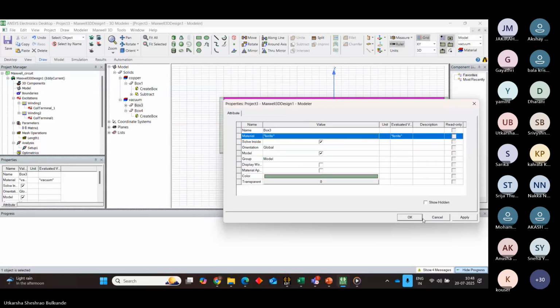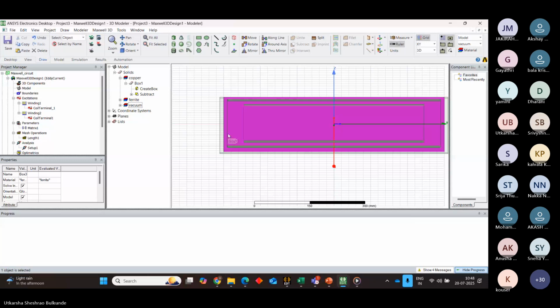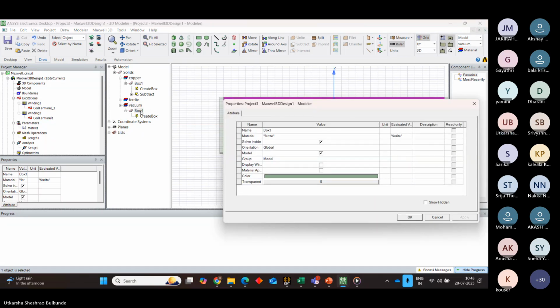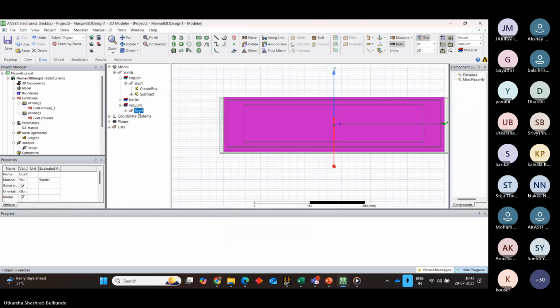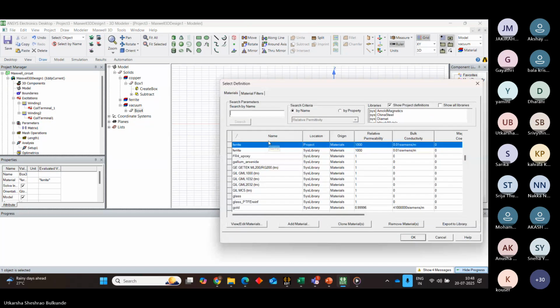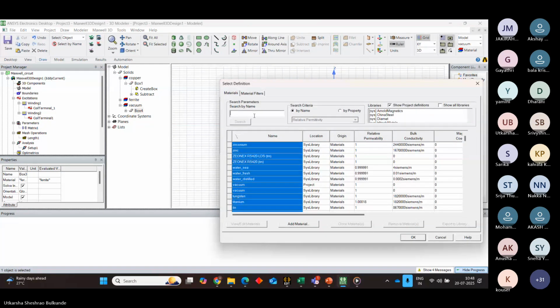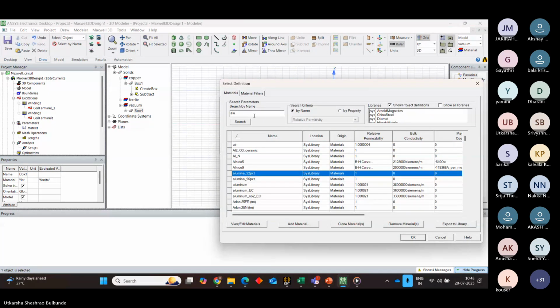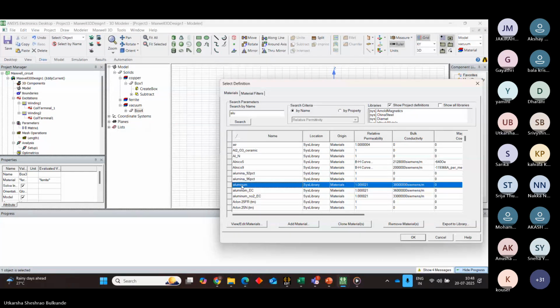Okay. Apply. And then the last one is aluminium, right? Aluminium.